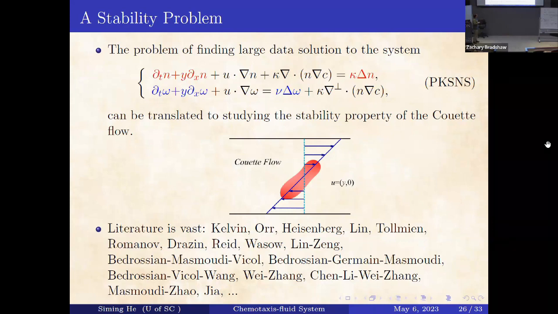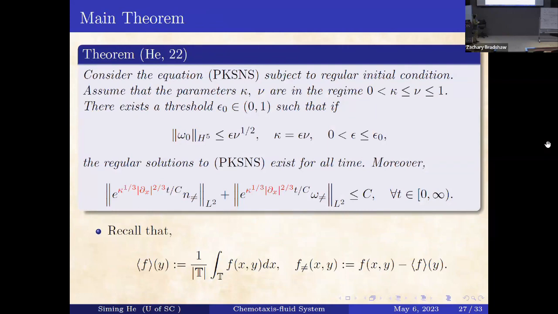What we can show is that if your initial perturbation of vorticity is on the scale nu to the one half, and your kappa is small compared to nu, then there exists a globally regular solution for all time. You get all sorts of enhanced dissipation results for the remainder, and a sharp version here.